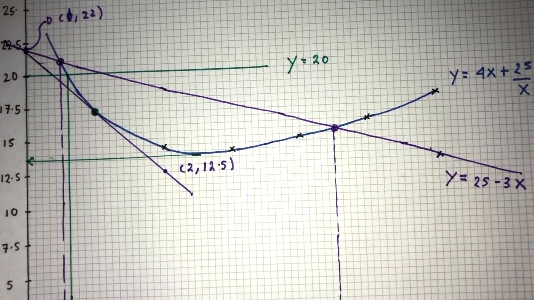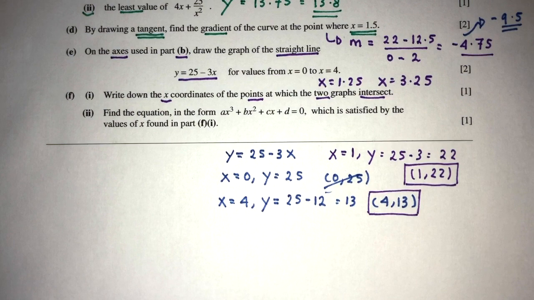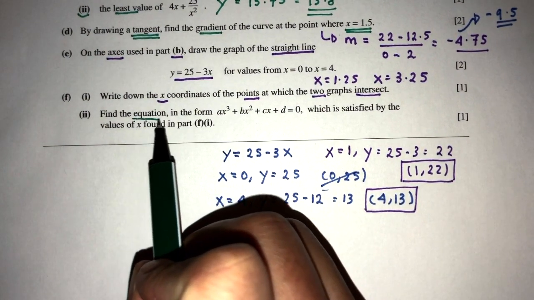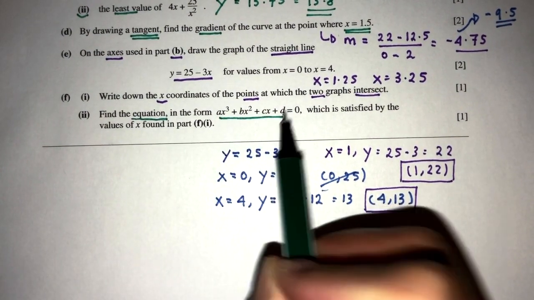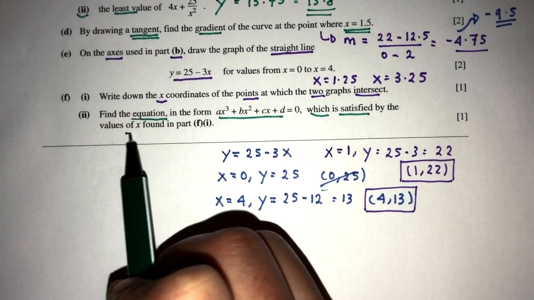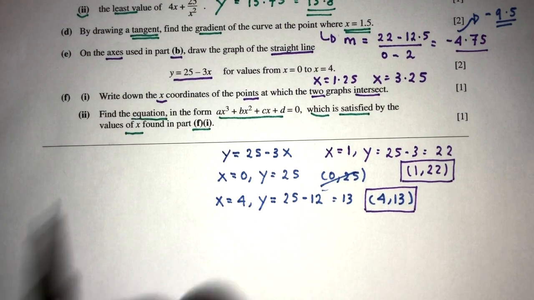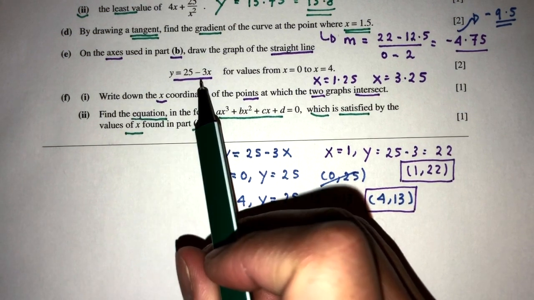Now let's move on to part 2 of the question. So here we have to find what? We have to find the equation in the form of this, which is satisfied by the values of x found in part f1. Now, we have to understand something here. How did you find the answer from f1? So you draw a line, which is y equal to 25 minus 3x.